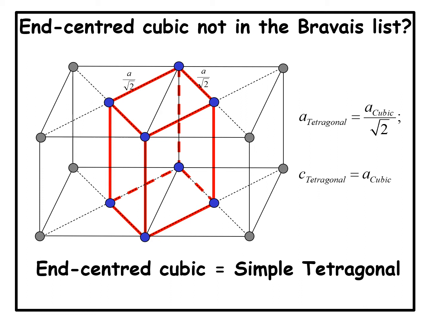And obviously, this is also a smaller unit cell. You can easily show that this unit cell has only half the volume of the original cubic unit cell. So then it makes sense to refer to this smaller unit cell and call this a simple tetragonal. But we will soon see that the situation is not that easy.